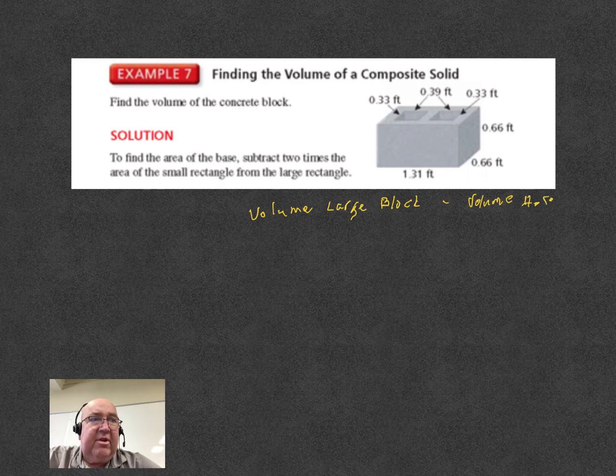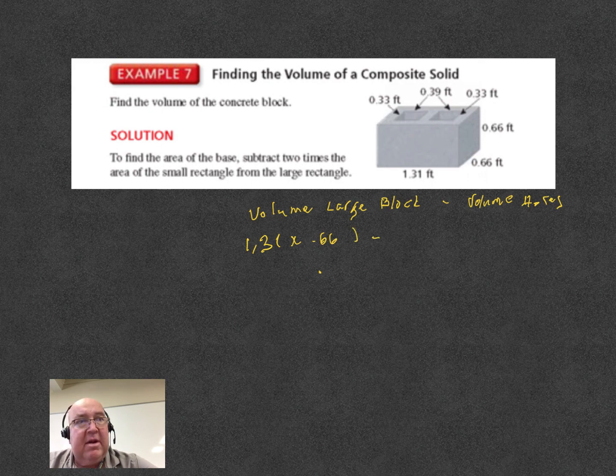So first off, we're going to find the area of the large block, which is going to be 1.31 times 0.66, and that's going to be equal to 0.6072. And we're going to subtract from that.